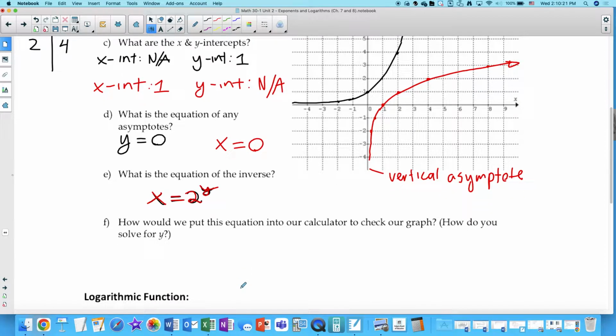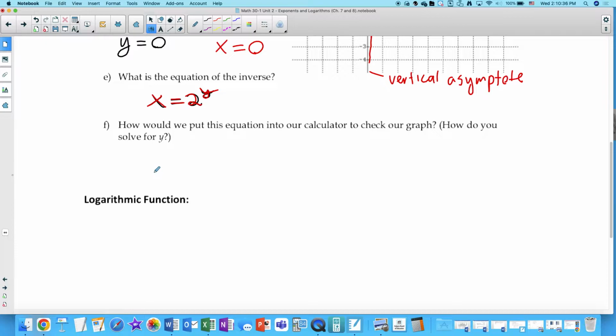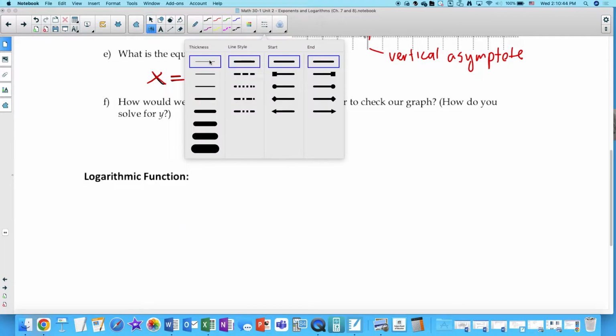Okay, so this is where we're going to bring in logarithms. A logarithm or a logarithmic function is the inverse of an exponential function. And a logarithm essentially is another way of showing the relationship between a power that has a base and an exponent and its value.